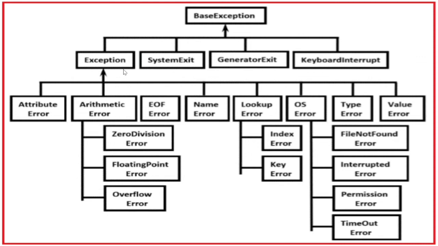Exception is able to handle attribute error, arithmetic error, end of file error, name error, and so on, along with these lower level exceptions also. And base exception is able to handle all the exception classes that are given over here, right? So this is containing all of them. Exception is containing all these, arithmetic error is containing these three, lookup is containing these two, OS is containing these four, right? So that is what we understood by that particular code.